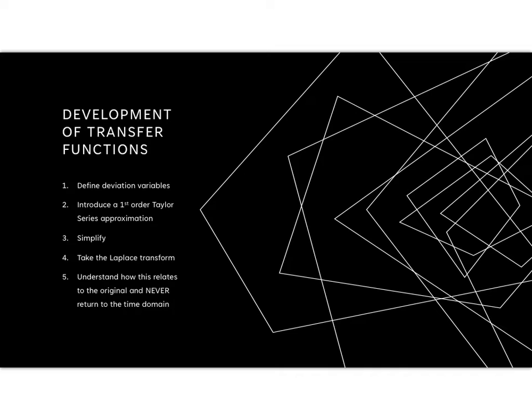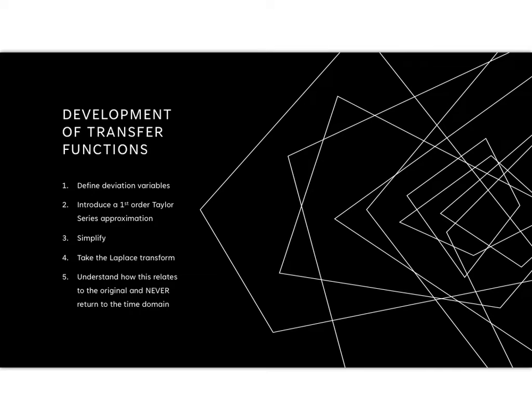Now we will be developing a transfer function for our model. A transfer function is simply a mathematical expression in the Laplace domain that relates our input function to our output function. The way we're going to develop this transfer function begins by defining deviation variables. Now, a deviation variable, something new, right?